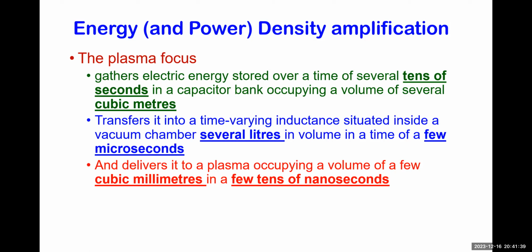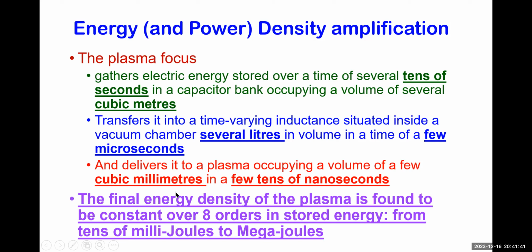We all know this. The final energy density of the plasma, we know, is found to be constant over 8 orders in stored energy from tens of millijoules to megajoules.